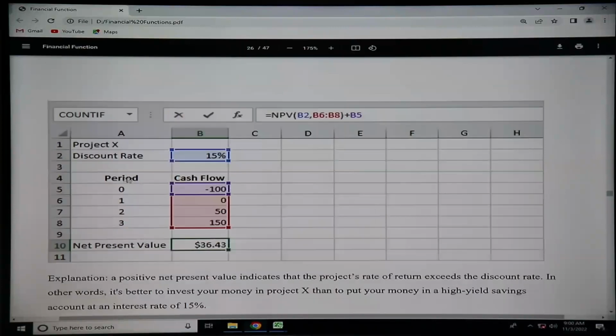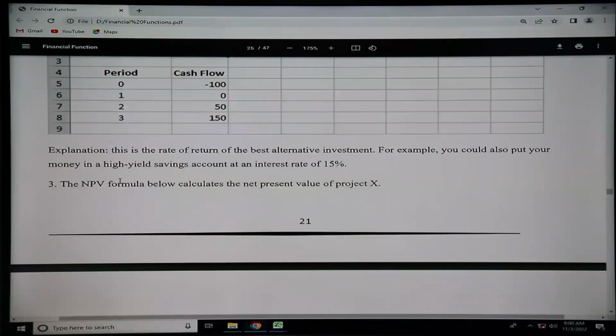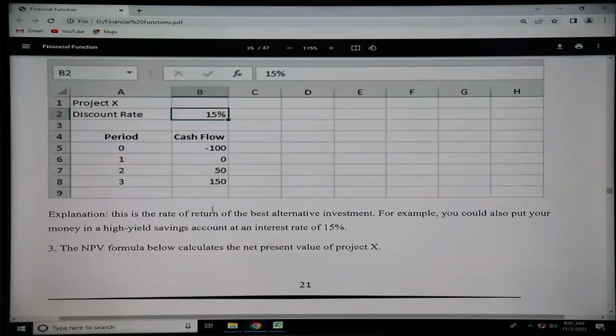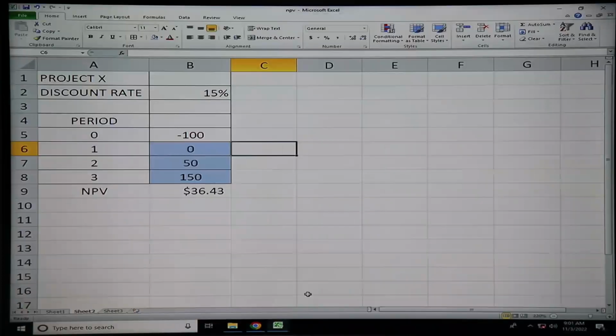From our previous exercise in project X, we were able to find the net present value of $36. But if you interchange these values, you find something different.